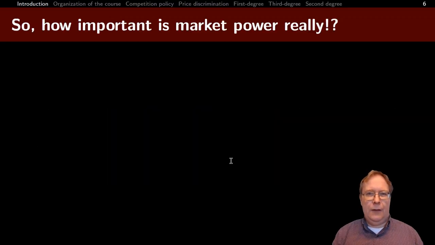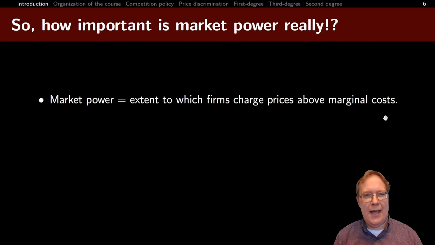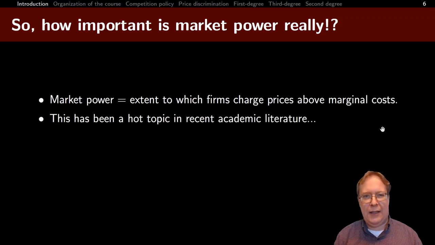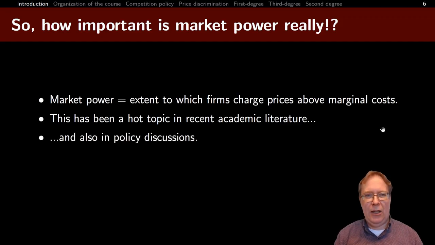So, first of all, I talked about market power already. How much of an issue is that anyway? First of all, back to the definition that I already gave: market power is essentially the extent to which firms charge prices above marginal costs, or the extent to which firms are able to do it. It has been a hot topic in recent academic literature and also in policy discussions.